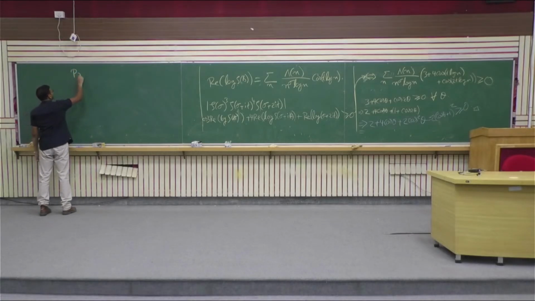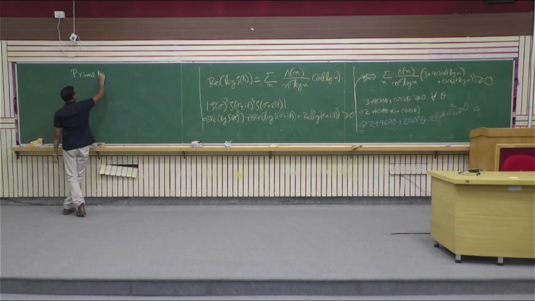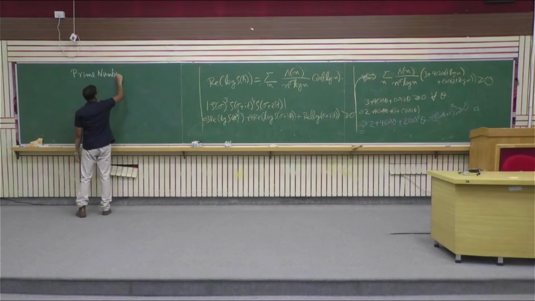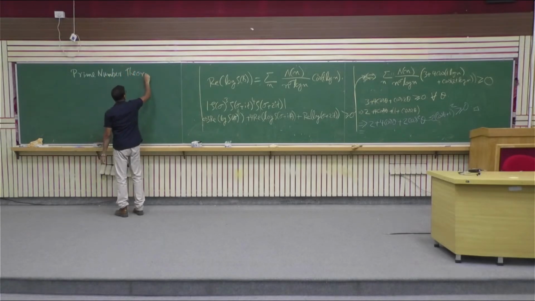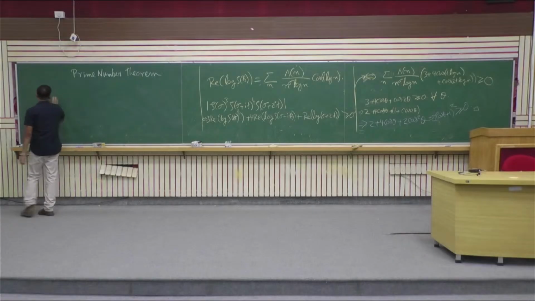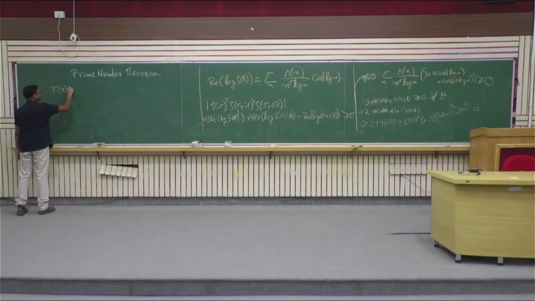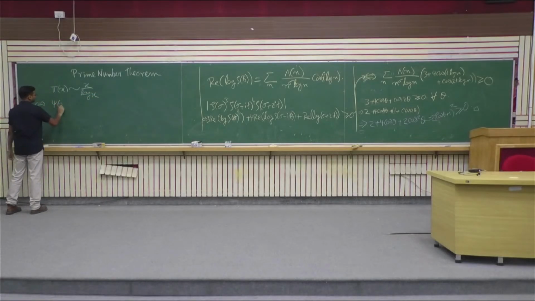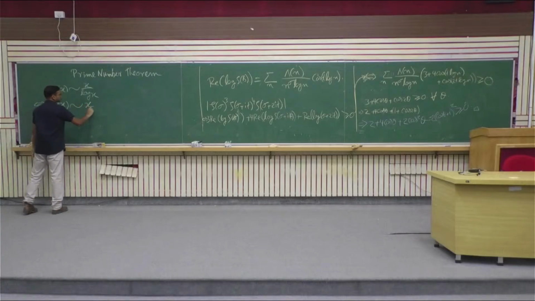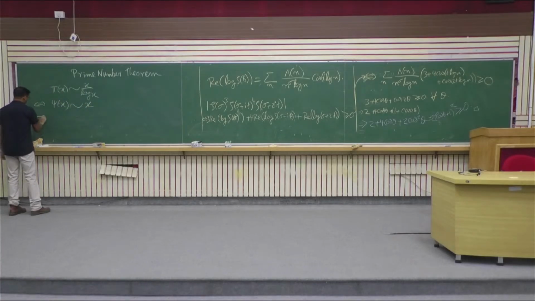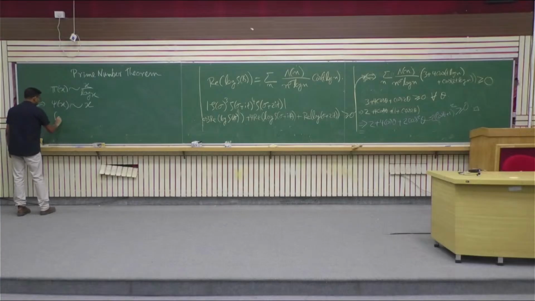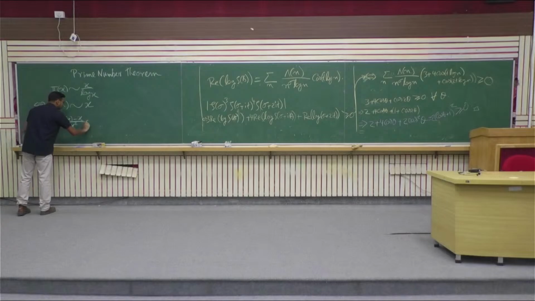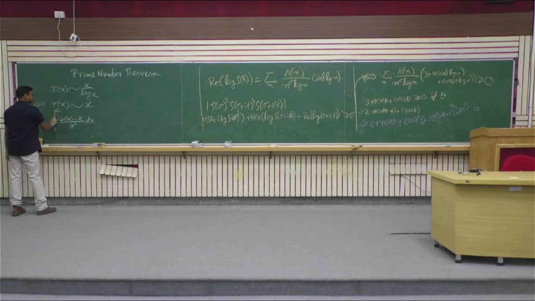So let's recall what we did so far. We wanted to show that pi x is equivalent to x by log x. We saw that this is equivalent to xi x being asymptotic to x, and this was implied by the convergence of the integral of xi x minus x by x squared dx to infinity.